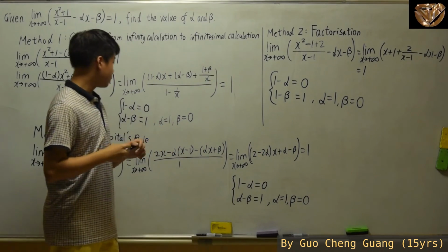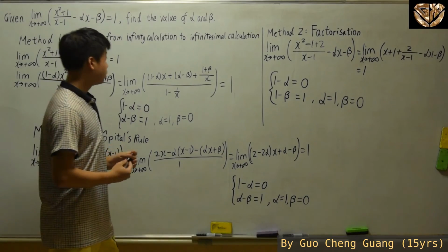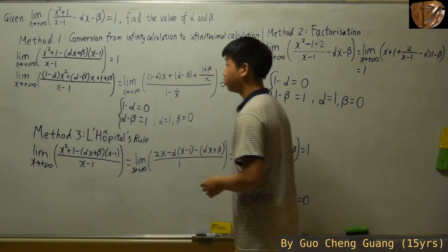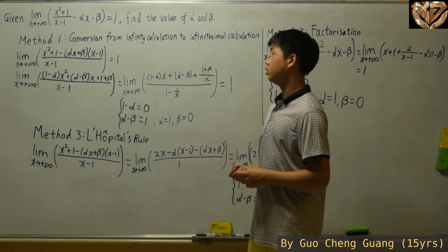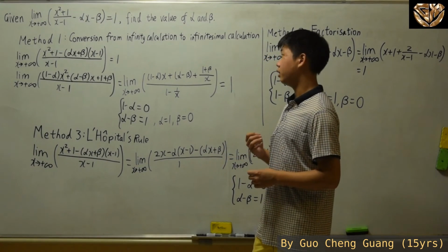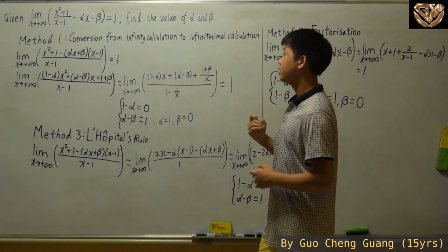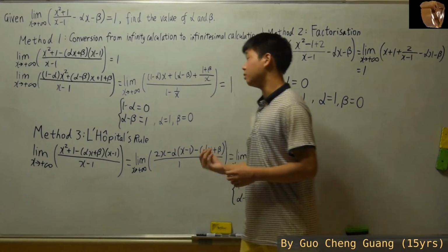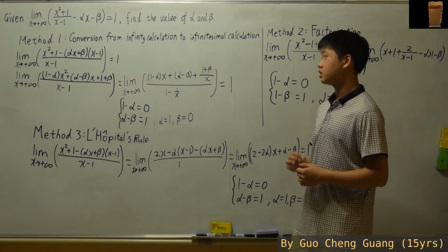Alright, so there you go. You have 3 different methods to solve one example here, where you're given x squared plus 1 over x minus 1 minus alpha x minus beta, and when x approaches positive infinity, the limit is 1. Alright, so those are the 3 different methods that we have used.